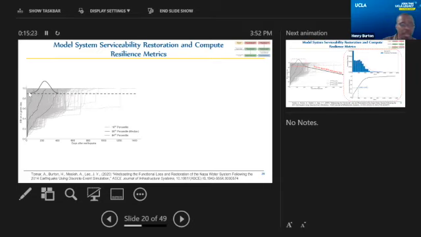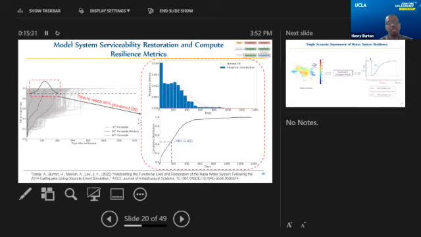So for example, here, I'm taking a slice at about the 90% SSI level, and we can look at the distribution of the time it takes to get to that 90% pre-event SSI. What's shown on the upper right is a histogram showing the empirical distribution. And what's shown on the lower right is a CDF, a cumulative distribution function, of the time it takes to restore 90% of the pre-event SSI.